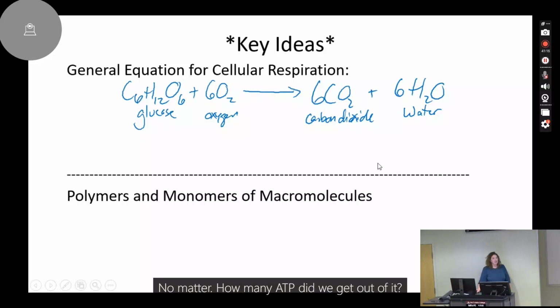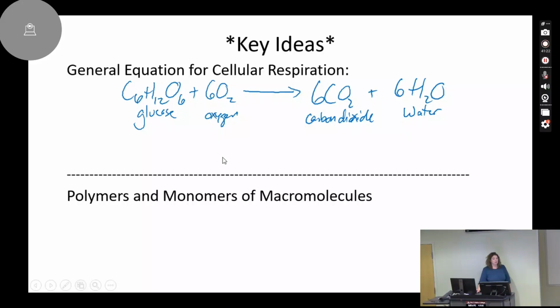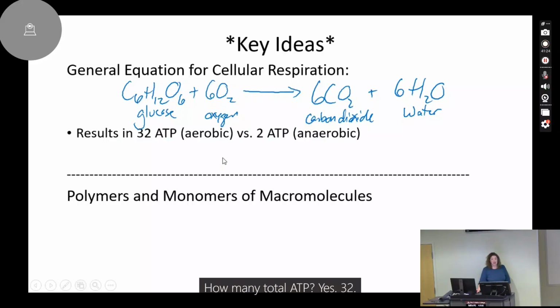How many ATP did we get out of it if we have aerobic cellular respiration, if we have the oxygen? How many total ATP? Yes, 32 for aerobic versus only 2 for anaerobic.